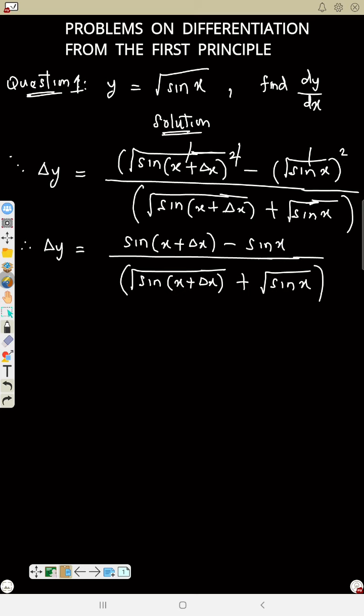So now from here, how can we evaluate this numerator, this upper one?